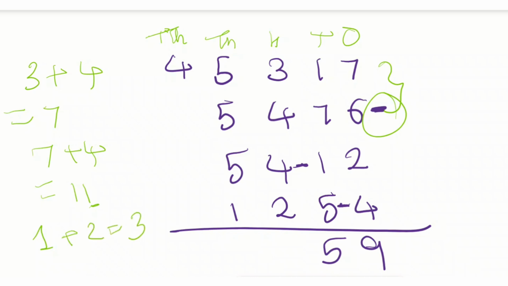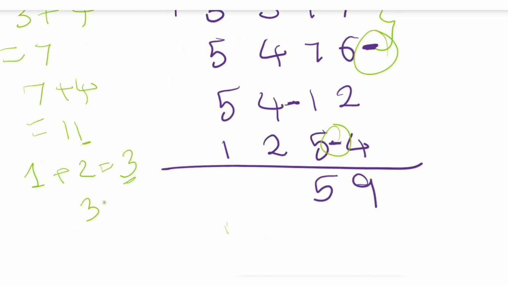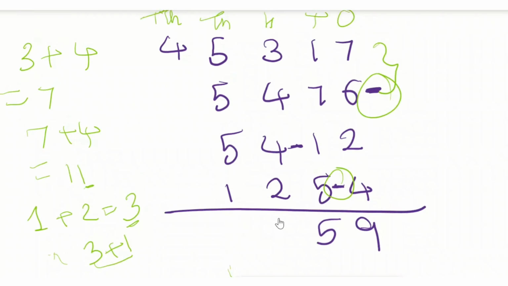That gives us 3. Now we have 3, but let's not forget the previous row's carry forward, which is only 1 in this case. So we're going to have 3 plus 1, which is 4. Let's write that down over here.